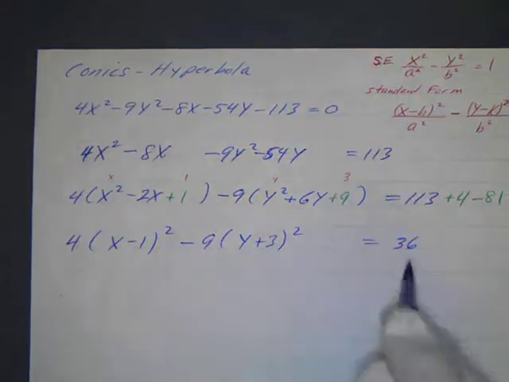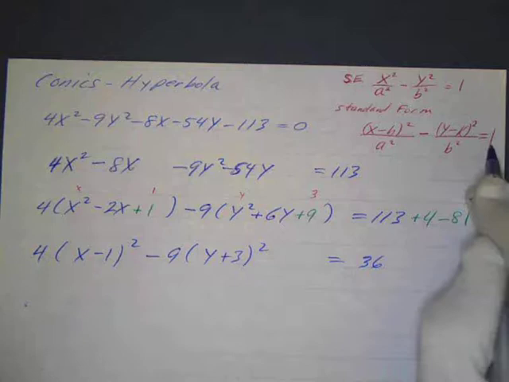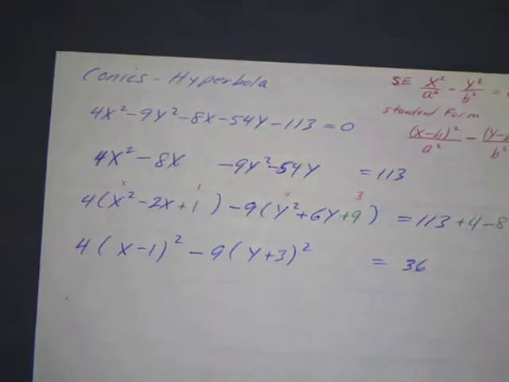And remember, we want this to be 1, because in our standard form it's equal to 1, so we're going to divide everything by 36. Just do that in pencil lightly so you can see.